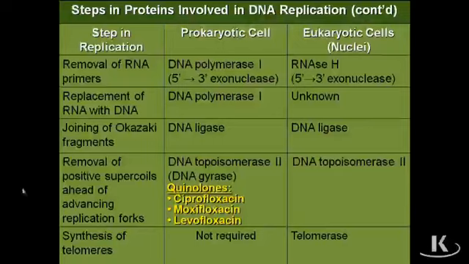Any type of quinolone drug is going to specifically block prokaryotic replication, and the way it's going to do this is through inhibition of DNA gyrase. Now, DNA gyrase is just a fancy name for DNA topoisomerase 2. When you're in prokaryotes, you call it DNA gyrase, but it really functions like DNA topoisomerase 2.